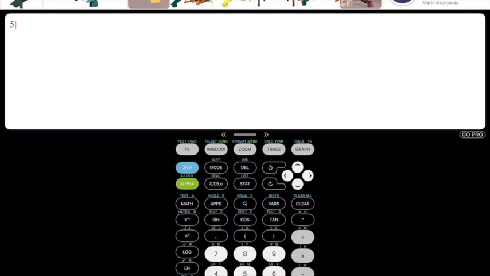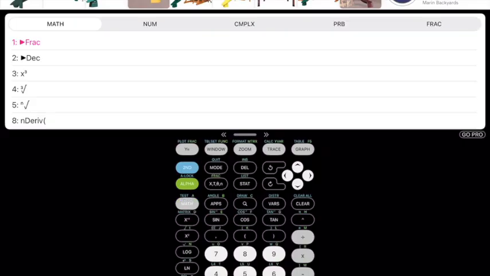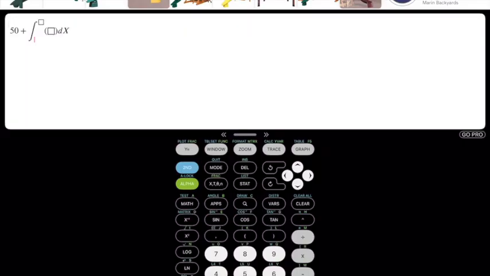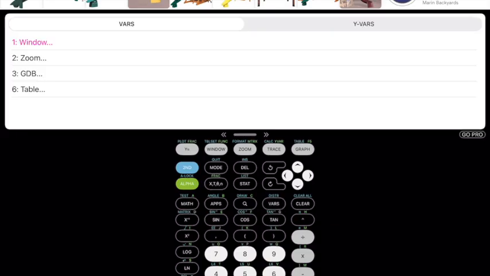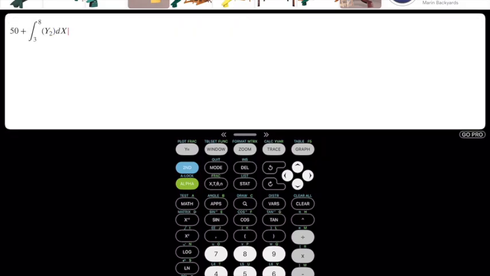So coming here, we have 50 plus, now we want to do the integral, which was from 3 to 8. Remember, this was our y2, so go to variables, over to y variables, and then go to y2. And then we're going to subtract our rate out function, and that was from 0 to 8.